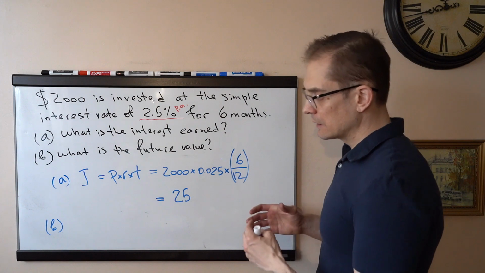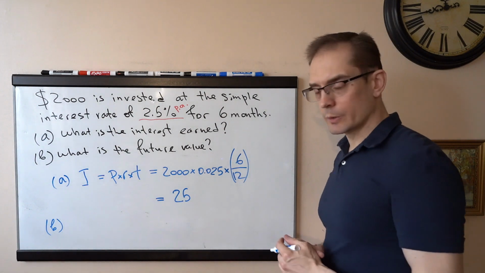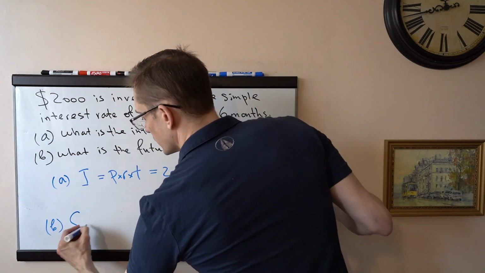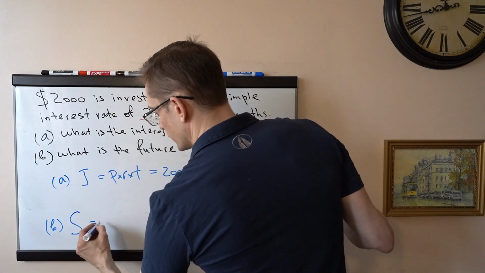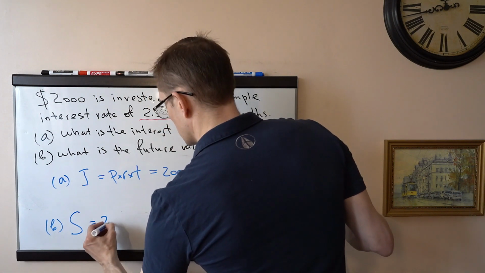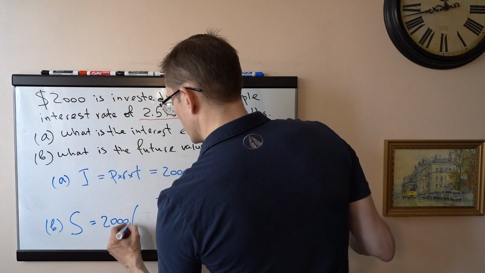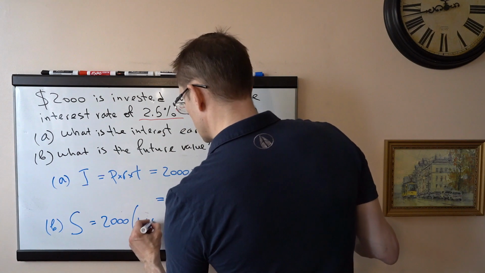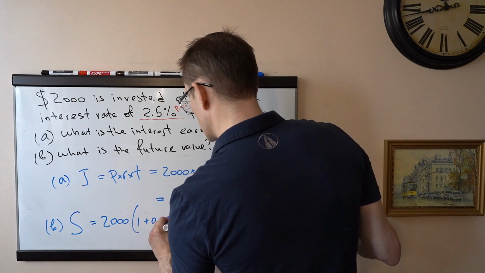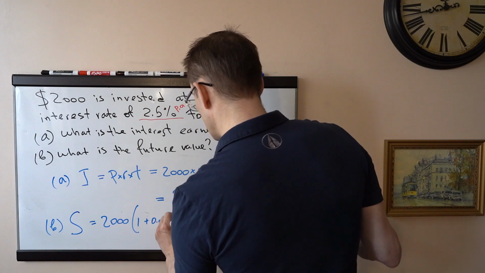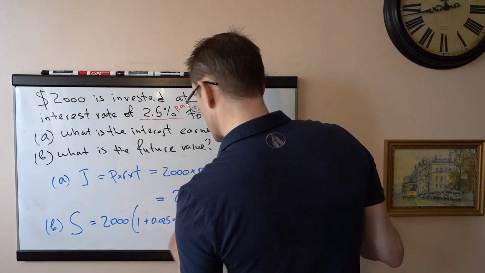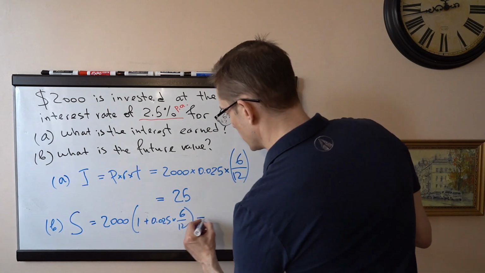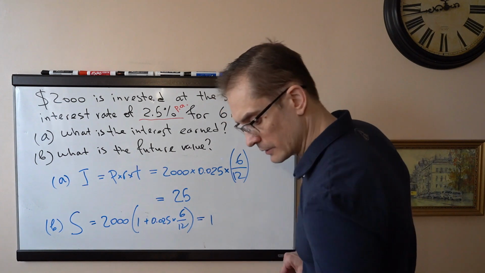But just for training purposes, let's find it using a formula. So simple future value will be 2,000, your principal, times 1 plus 0.025 times t, which is 6 over 12. And that, of course, will be 2,025.